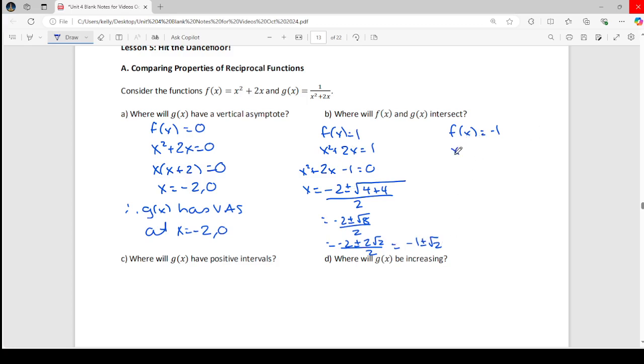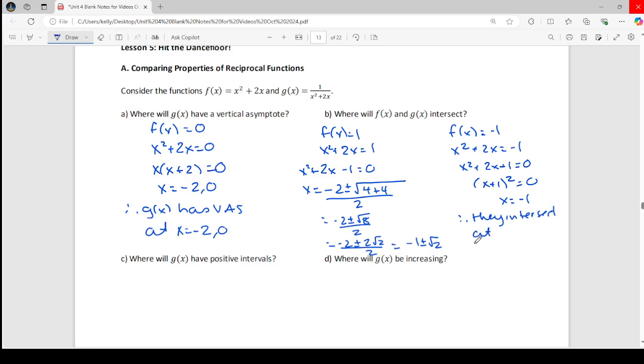And f of x, so x squared plus 2x equals minus 1 when x squared plus 2x plus 1 is 0. This is nice. This is just when x plus 1 squared is 0. So this is just at x equals minus 1. So f and g will intersect at 3 points.